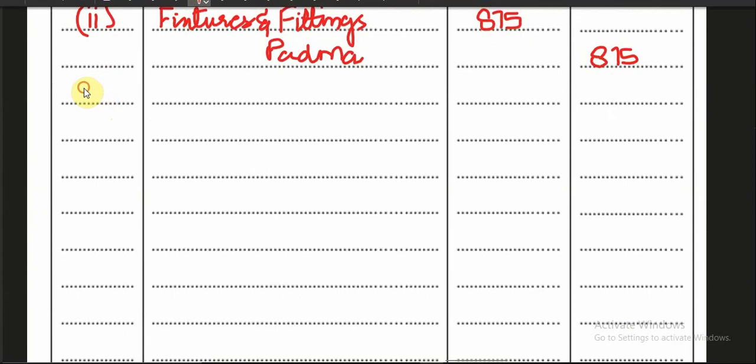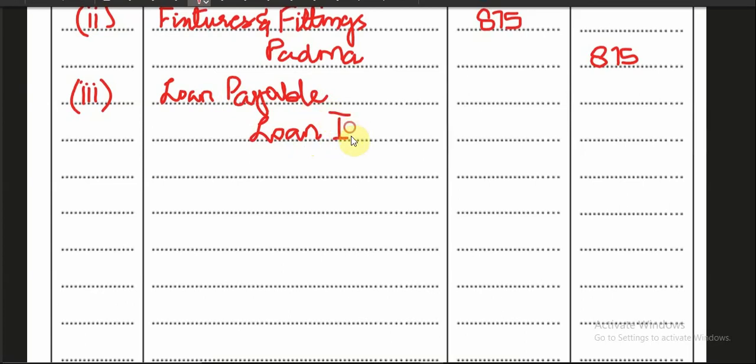So the correct entry to reverse this would be the following. We would debit the loan as there is a reduction on the liability of the loan, and on the credit side we would write loan interest to reduce the amount of interest or the excess.